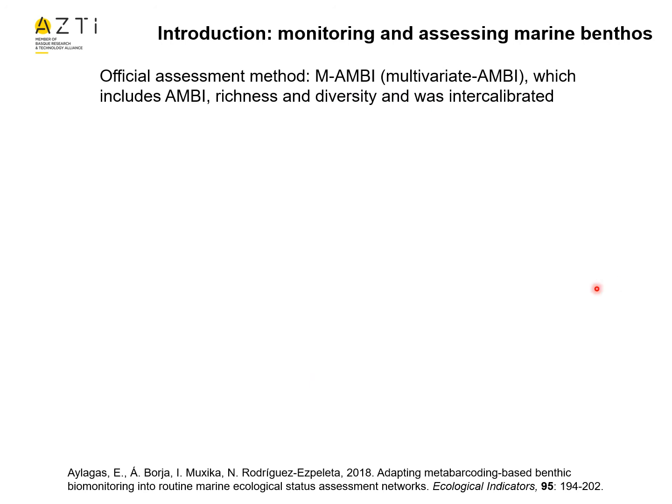However, the official assessment method used in several countries in Europe is MAMBI, which is the multivariate AMBI, which includes not only AMBI but also richness and diversity. And this methodology was intercalibrated among the different countries using it in Europe.